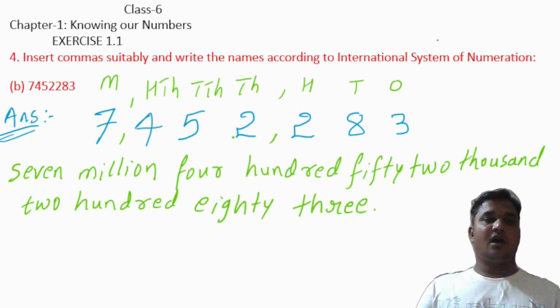So this is how to write according to the international system. 7,452,283, and as we know, we have to place the commas after every 3 digits.